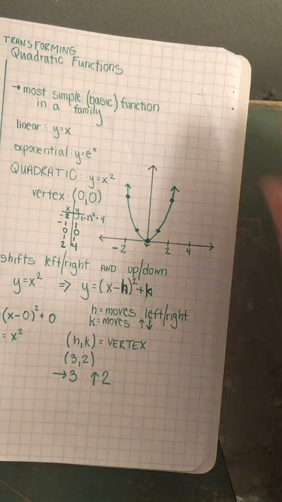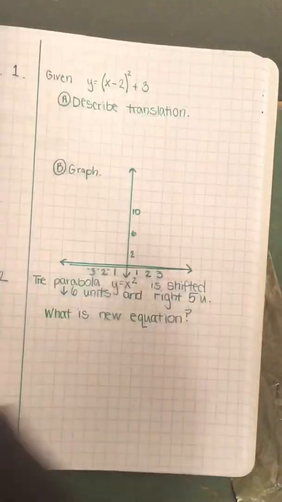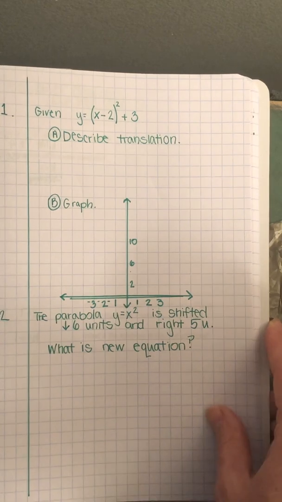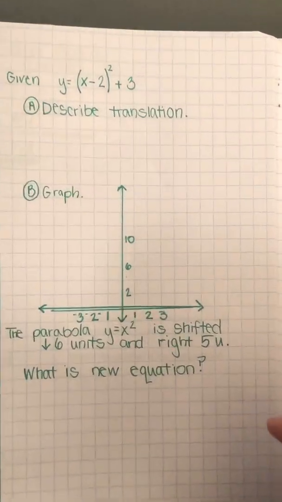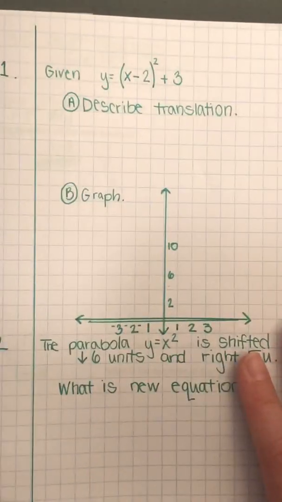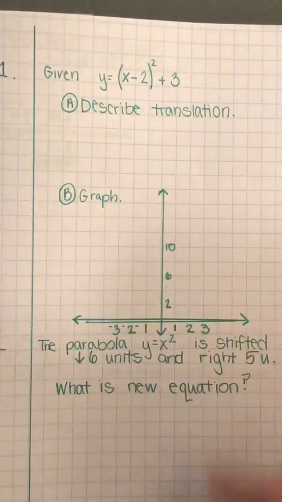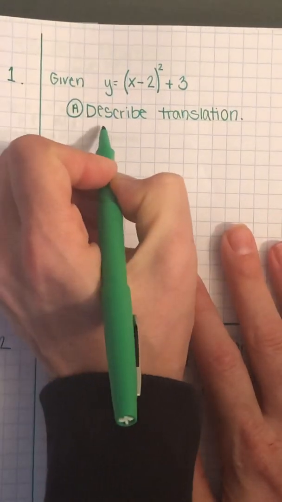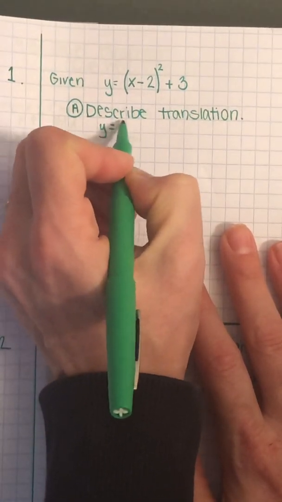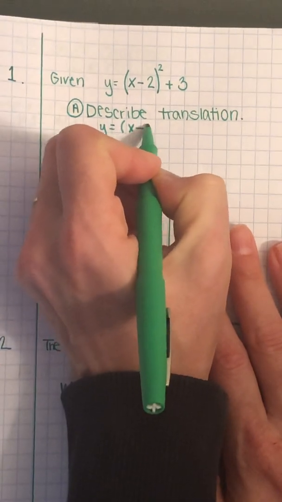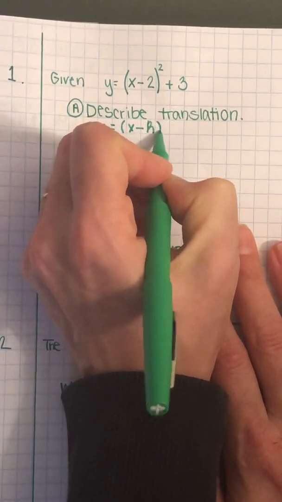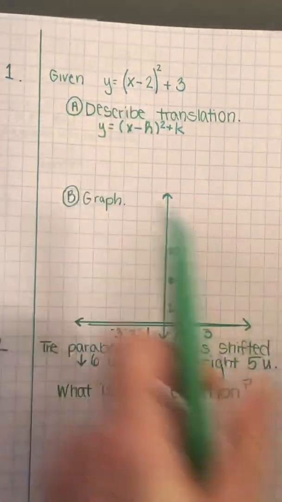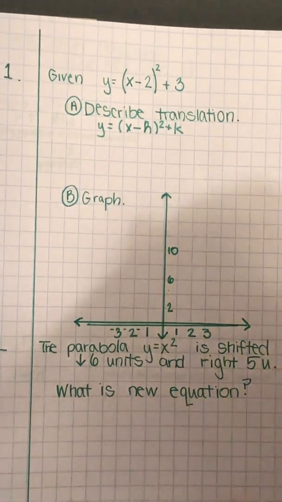Let's do some examples to make some more sense out of this. Okay, so example 1, we have this given right here. We've got our equation, and we're going to describe the translation. So let's remind ourselves what that generic form is, h squared plus k. For this one, the h, let's do some colored pencils.